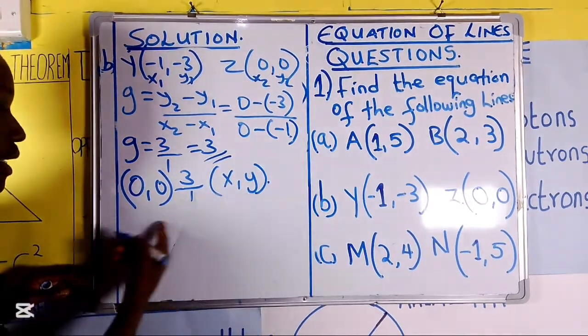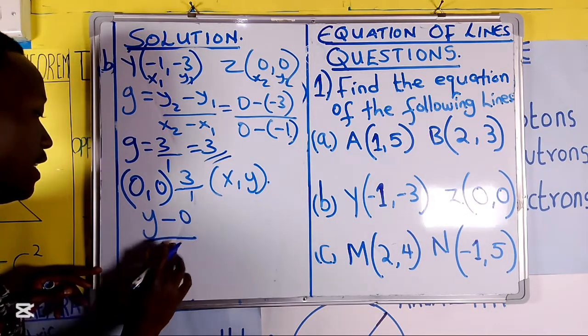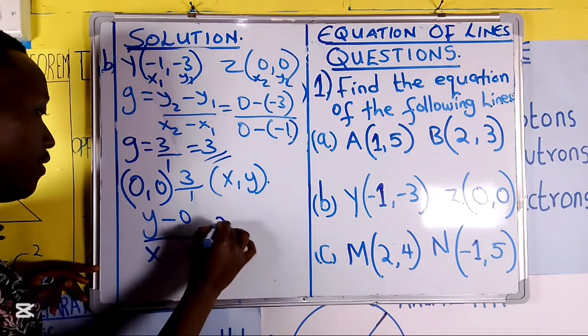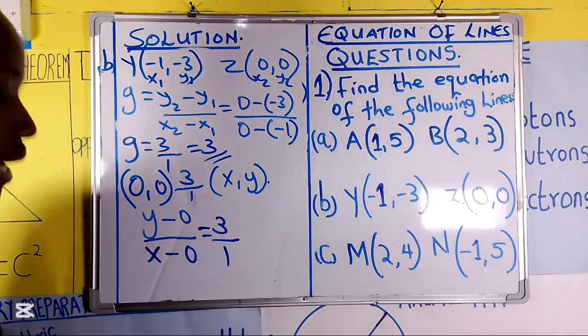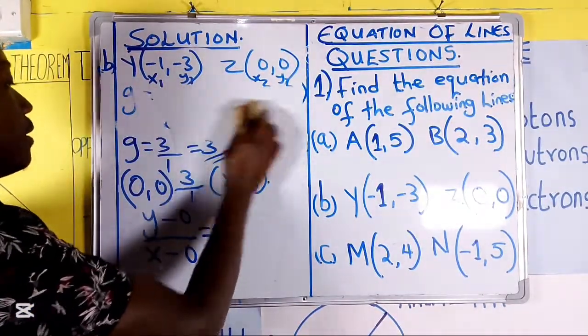So in this case, we will say change in y, it will be y minus 0 over change in x, which will be x minus 0, is equivalent to 3 over 1.